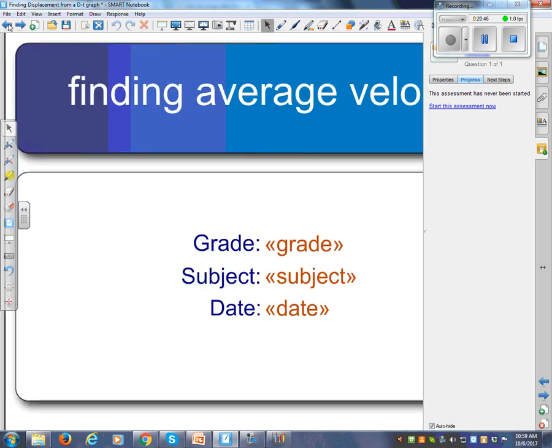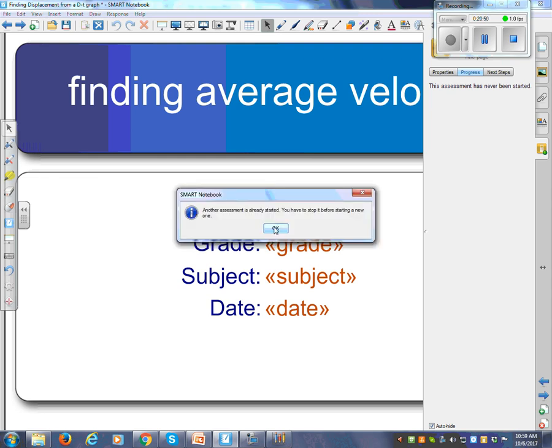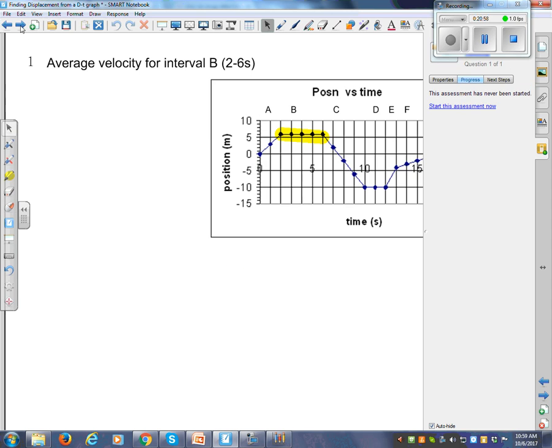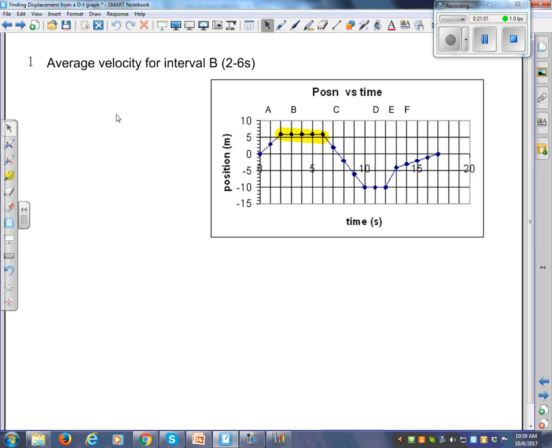Can you answer number 1? Where are you looking? Because I'm really confused. I didn't even do the right questions last time. Are we looking at the graph or are we looking at these? And then we put the displacement on.